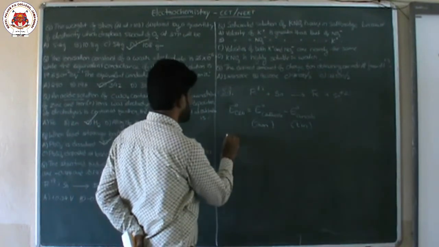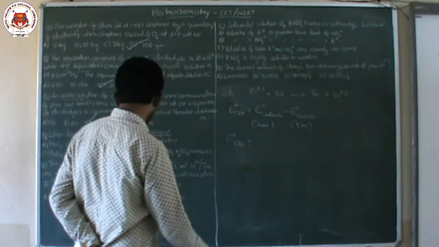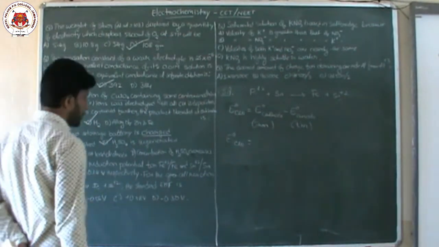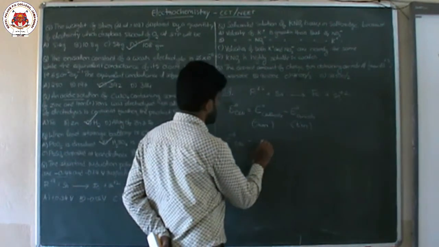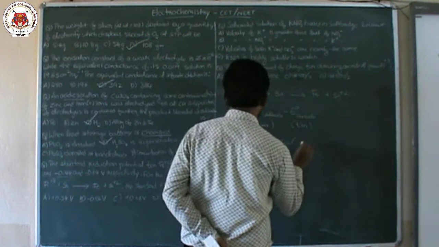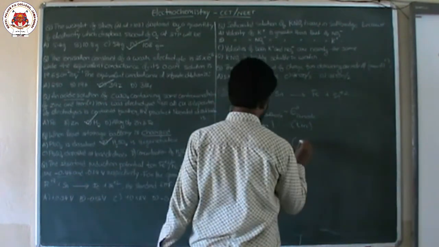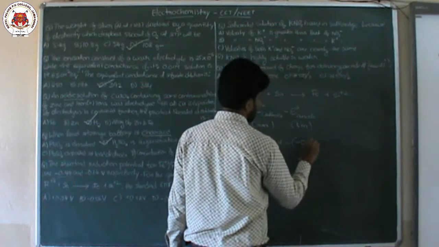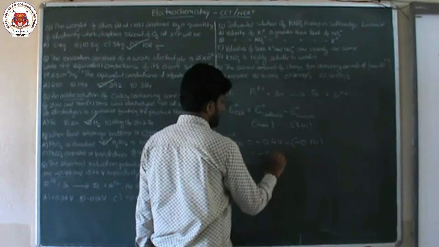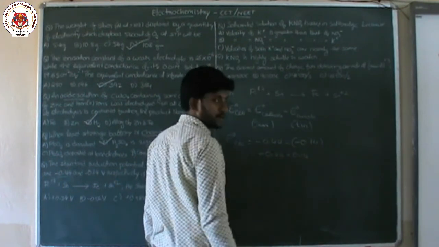Now what are the respective potentials given for each of them? Iron potential is given -0.44, minus of tin potential, which is given -0.14. That means -0.44 plus 0.14 we should take.